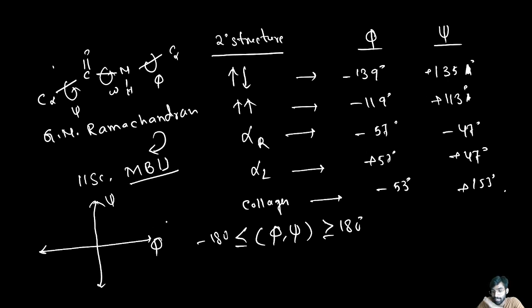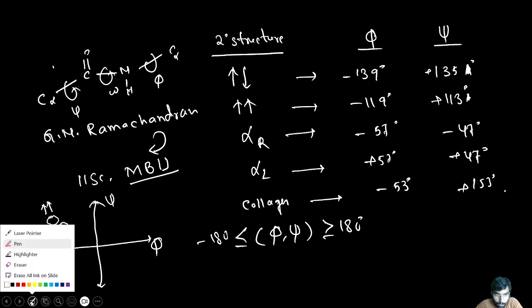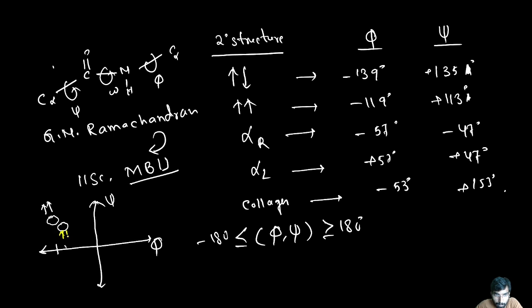He mentioned some areas of the Ramachandran plot where secondary structure is possible, and in the rest of the area there are constraints in the formation of secondary structure. If we plot it, for anti-parallel beta pleated sheets, that's minus 139, plus 135, and in that area this is anti-parallel. Parallel beta pleated sheets, minus 119, plus 130, similar to here.